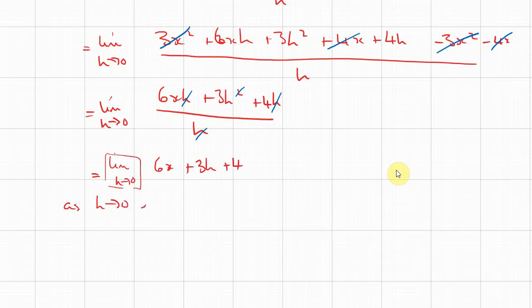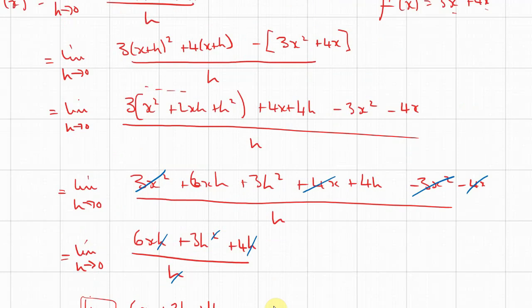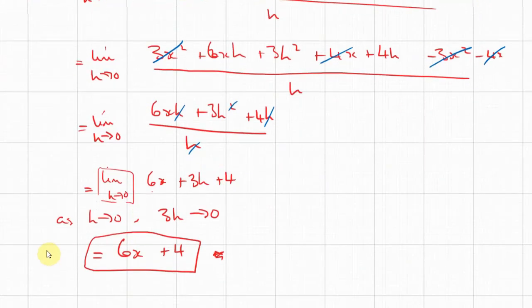Well, 6x isn't going to change, 4 isn't going to change, but 3h is also going to tend to 0, because 3 times something going towards 0 is 0. So at that stage we can get rid of our limit, because we've applied the limit now. And that's just going to leave us with 6x plus 4. So we've differentiated it by first principles, and we've got exactly what we were expecting to get, seeing as we already know how to differentiate normally. So there we go. One more scroll down. That's the final answer.